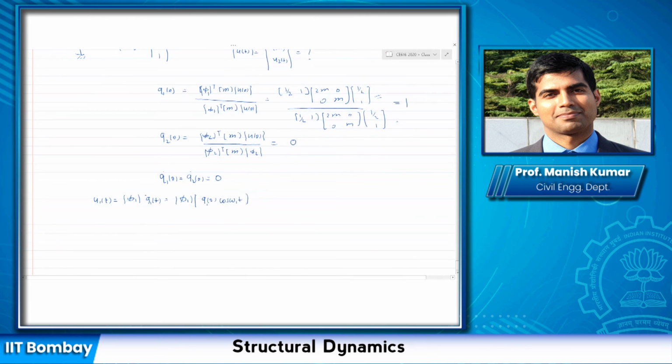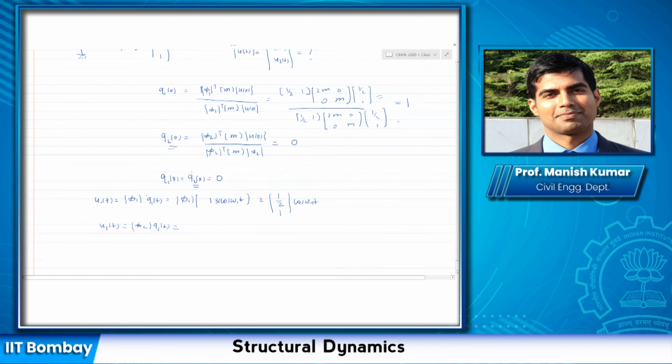This is 1 here. Okay, 1 times this, and this is half 1 cos omega nt. u2t would be equal to phi2 times q2t. Now remember, q2t would be 0 because my q2 0 is 0 and q2 dot is 0.